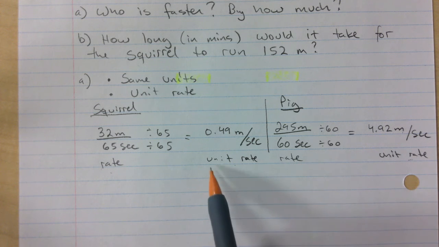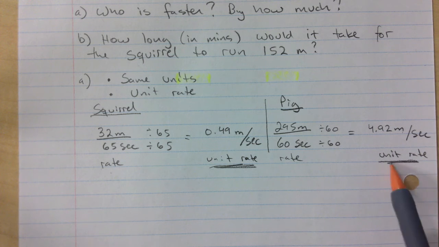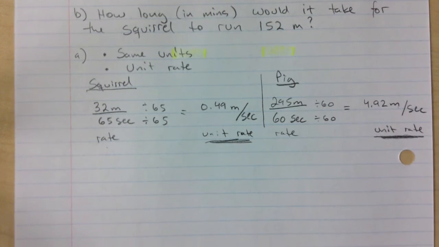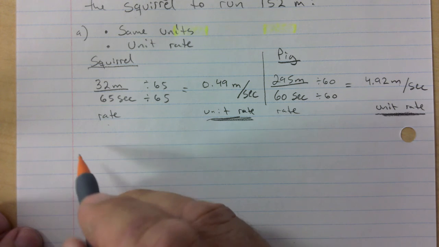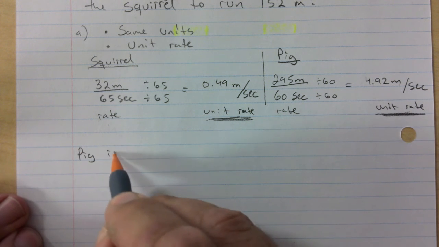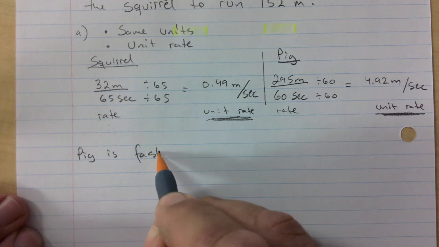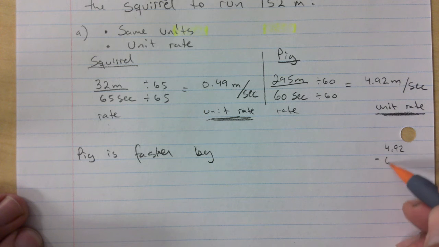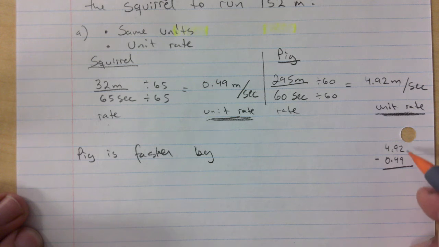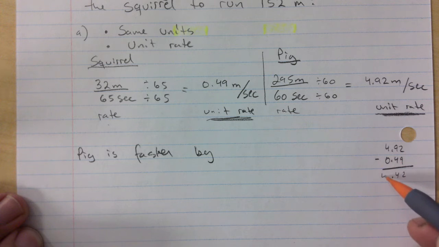So this is what we want to use. Okay, we want to use the unit rates for both of them. So we can clearly tell that the pig is faster by, and we're going to do the math on the side here. And we get 4.42.